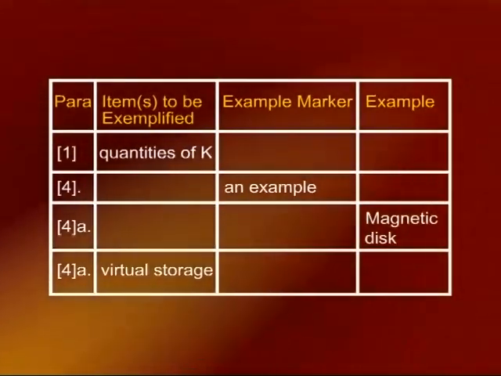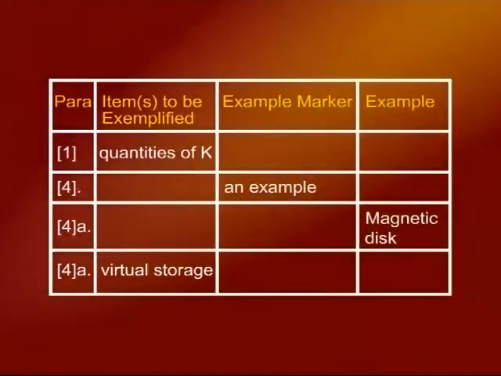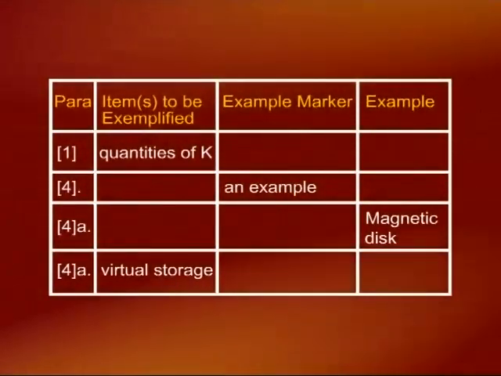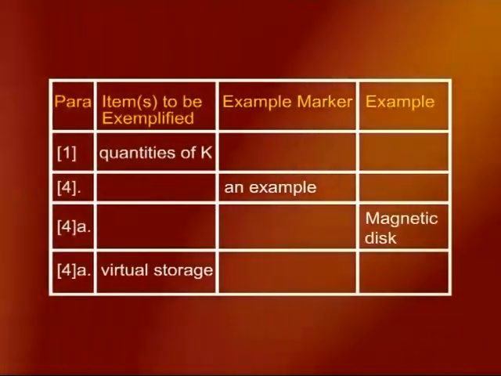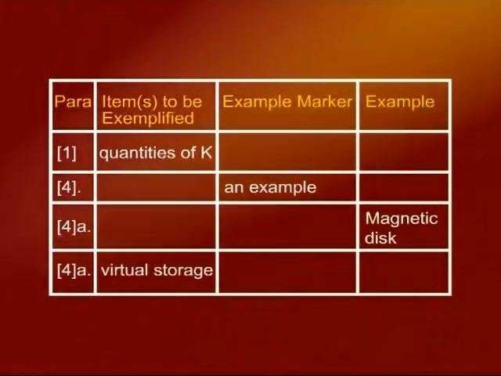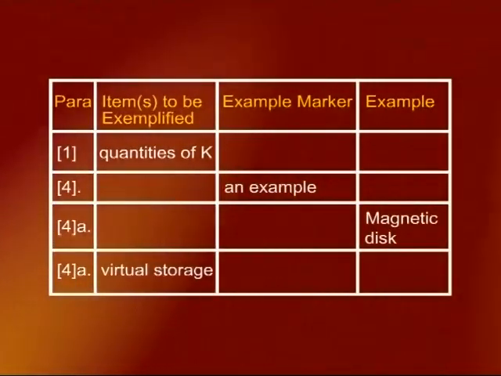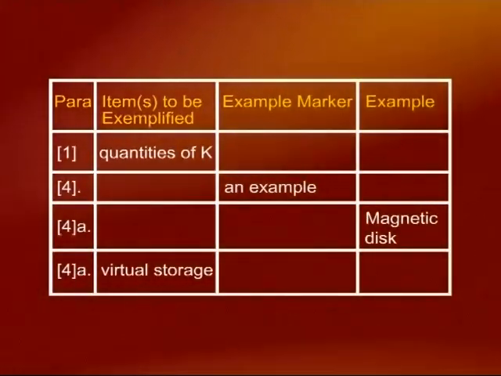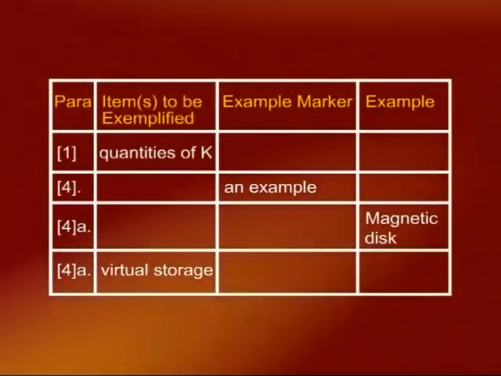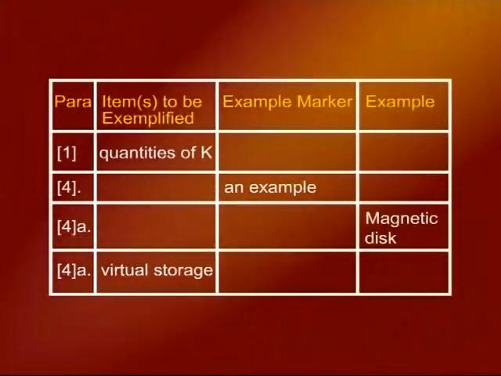The phrase an example is there. You have to find out what item is being exemplified, and you have to give the actual example. Scan paragraph 4 and you will find that the phrase an example refers to sequential devices, and the actual example is magnetic tape.